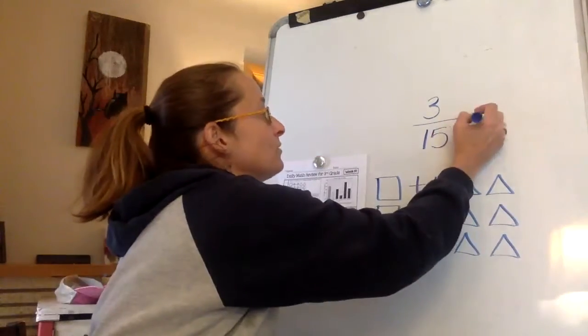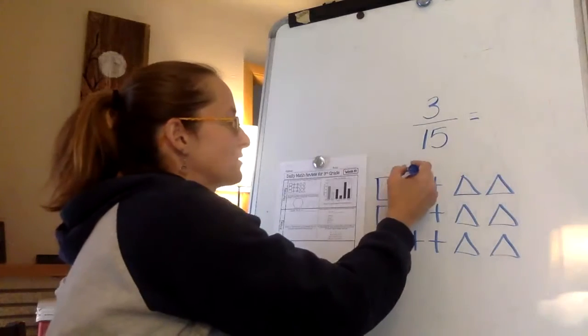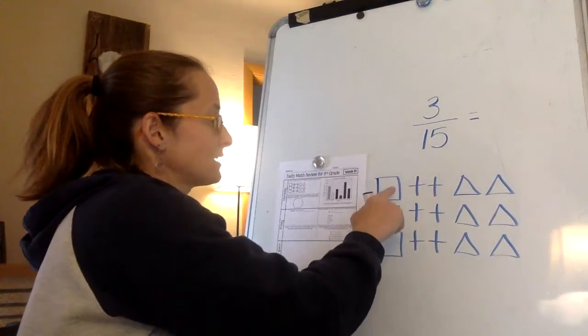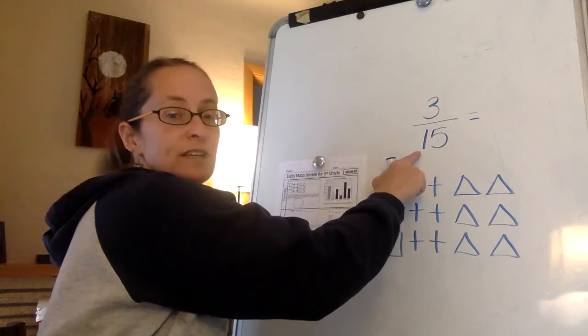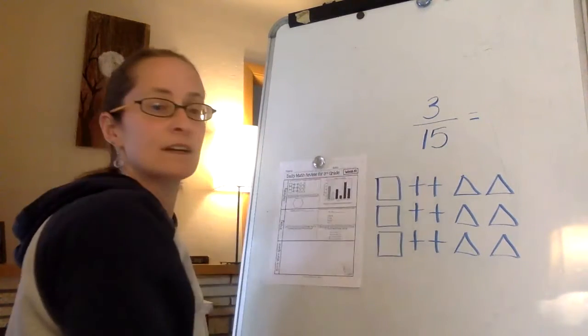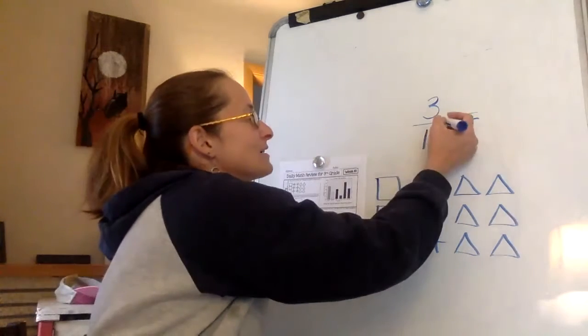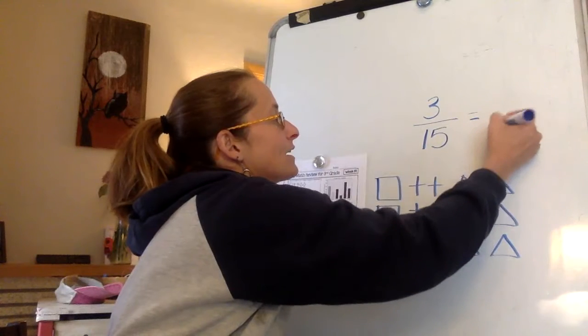But there's also another way to write it. It's also equivalent to, now watch this, boys and girls. If I look here, and I look up here, what is 15 divided by 3? Watch what I do. 15 divided by 3 is 5.